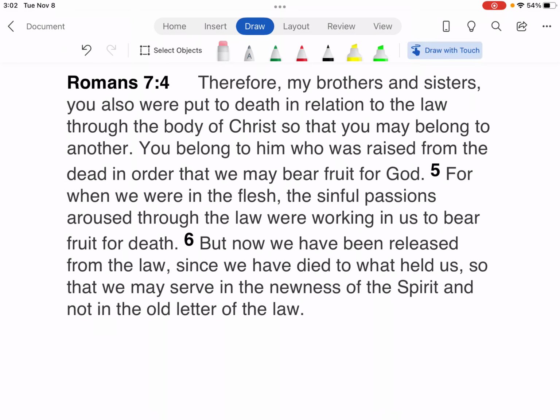So what I have in front of us is Romans 7, verses 4 through 6, so we can see this a little bit. And I want to focus on a specific aspect of the grammar tool. Imagine for a moment the grammar tool is like a socket wrench. You have a socket wrench, and then you have all the sockets, and each of those sockets fit a different size nut, and they do a little bit different work in the same way.